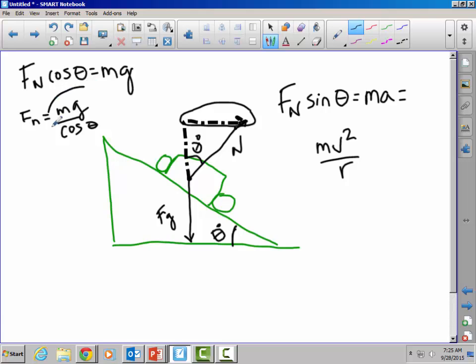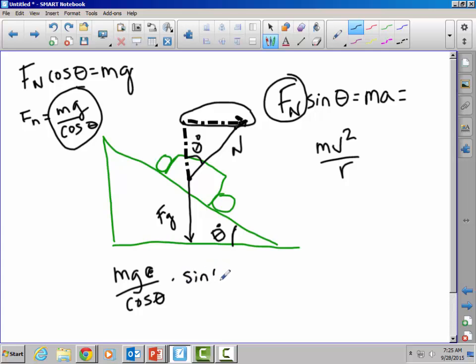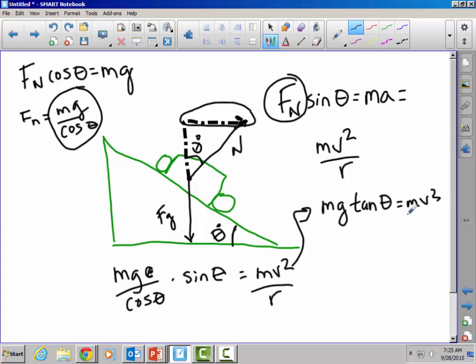And then you can substitute this in here. So we've got mg over cosine theta times sine theta equals mv squared over r. And that equals mg tangent theta equals mv squared over r.